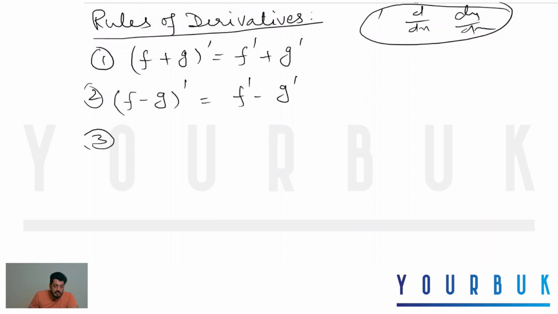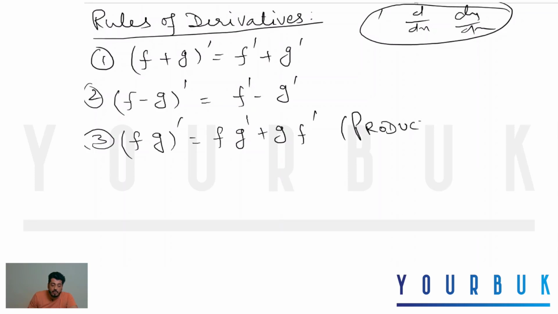Then we have the product rule, which is very important. If we have the product of two functions, f into g, then the derivative is f g dash plus g f dash. Please mention in the bracket that this is the product rule. Similarly we have the quotient rule for f by g. Obviously f by g should be well defined, that means g should not be 0.